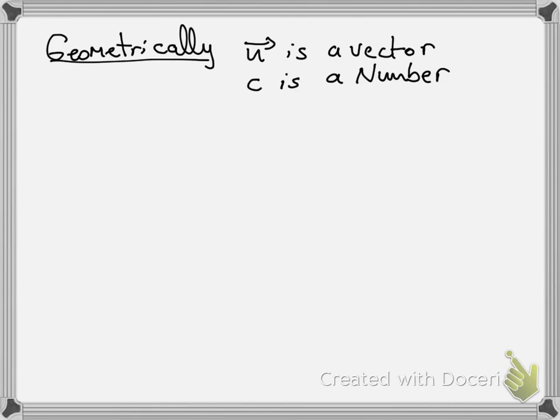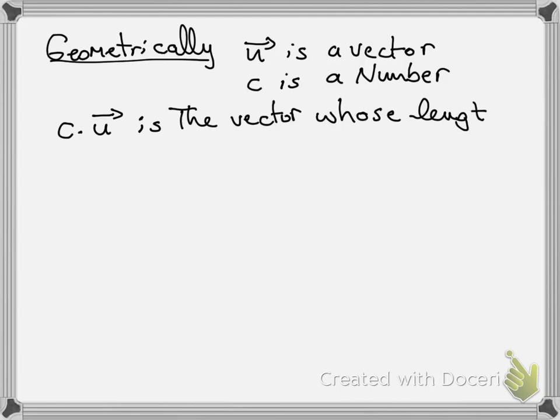Then c times u is the vector whose length is the absolute value of c, because the length is always a positive number or 0, so that's why we take the absolute value.